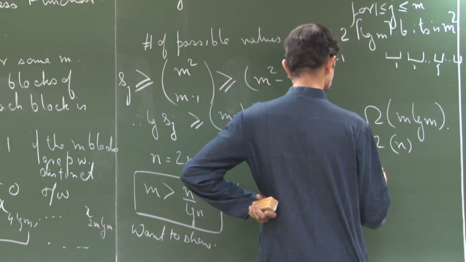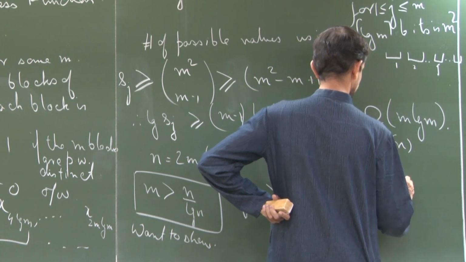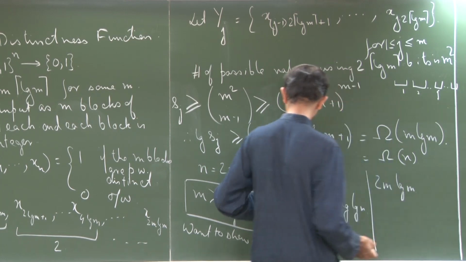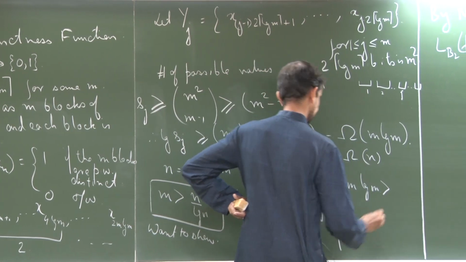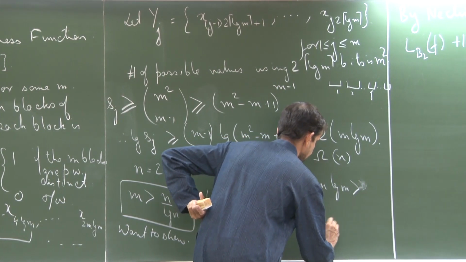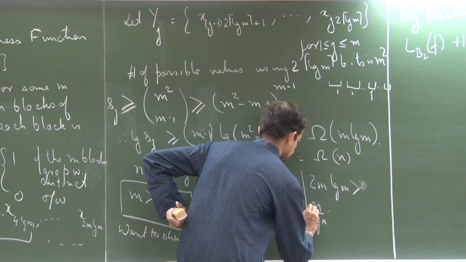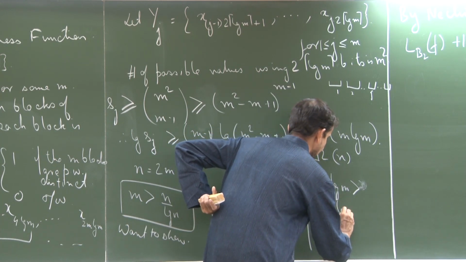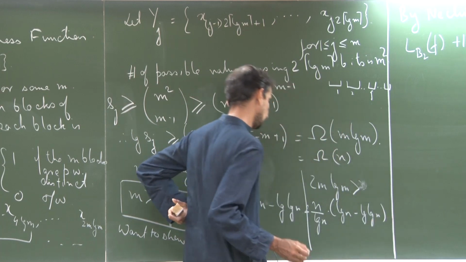Okay, so what do we have here? We have 2m log m. If I assume this, then this quantity is greater than n by log n times twice n by log n times log n minus log n.